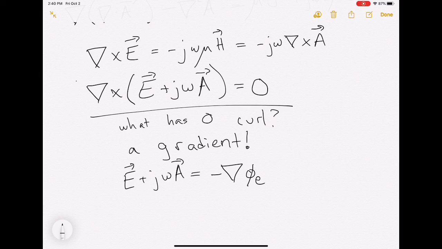Now this is cool because if you just have E and not j omega A, E is already minus the gradient of a scalar electric potential, the voltage. In a DC situation, the j omega A term goes away because omega, the frequency, would be 0. In which case, for DC, E is already minus the gradient of the scalar electric potential. So we're just sort of generalizing this to a time-varying case.